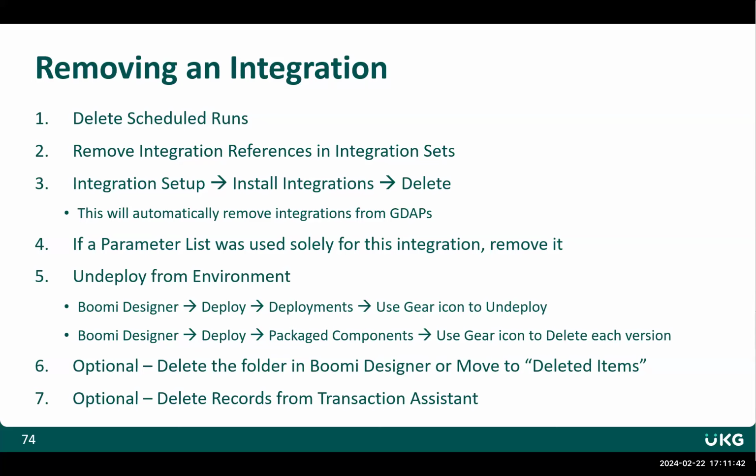You don't have to do that. That's just you being a nice person. But this is the proper sequence for backing out an integration. And hopefully it makes sense because it's kind of the opposite order of how we put things in. But interestingly enough, it's not very well documented, but this is the proper sequence for backing out an integration.